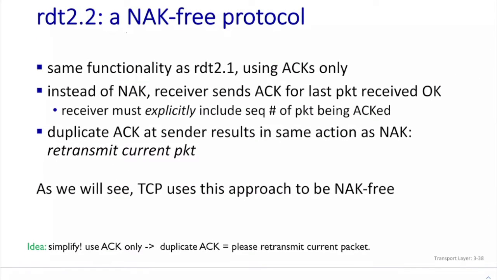It is another version of the reliable data transfer protocol, and its functionality is exactly the same as 2.1, but there's one important thing we'd like to demonstrate: it is possible for us to use only acknowledgements without using negative acknowledgements. It will be easier to design the finite state machine, because we have fewer events. So think about one thing.